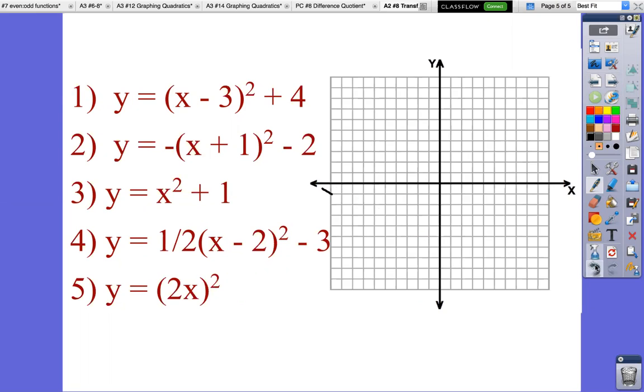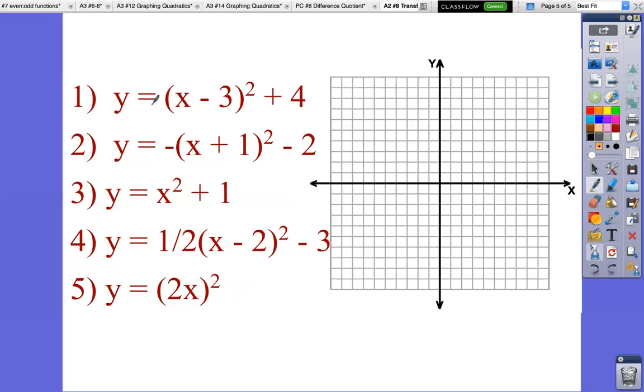These are the exact same 5 problems that were on the other page. You can always graph this a couple different ways. You can always use your calculator. I'm going to show you that in just a minute. You can always make a table.